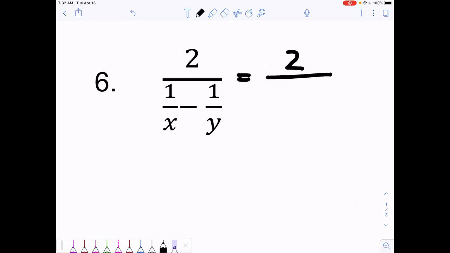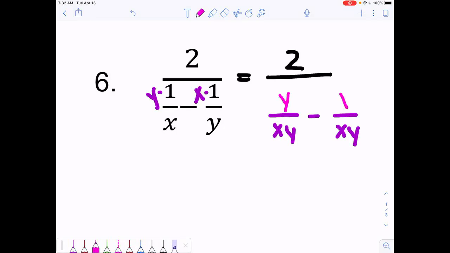Grace, what would the least common denominator be between 1 over x and 1 over y? Yeah. So they need to become the x and the y. So Grace, we have 1 over x. What does that one need? Yeah. And then this one needs an x.